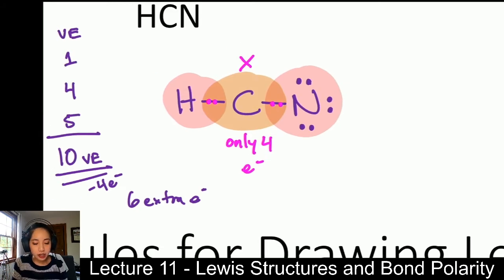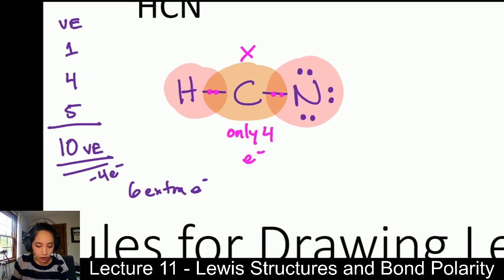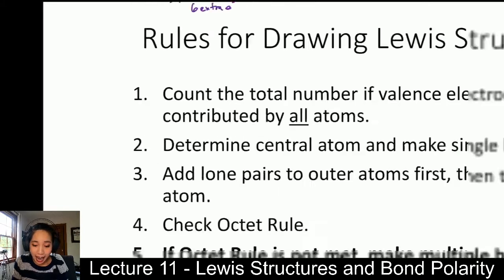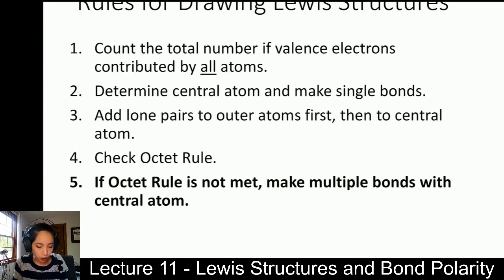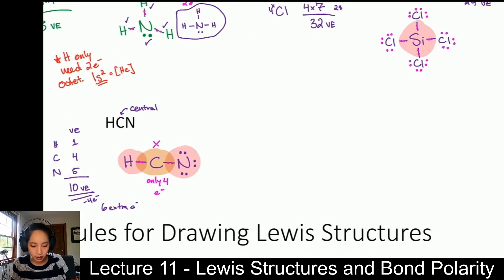So for HCN, this particular molecule, we have to do one extra step in order to get carbon to have a fulfilled octet. So I'm going to add a rule to our rules for the octet rule. If the octet rule is not met, so in this case for carbon, in our HCN example here, carbon only has 4 valence electrons, yeah?